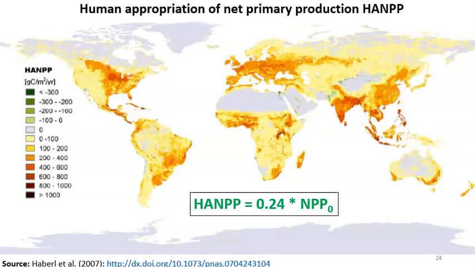And if we sum up this map across the globe, we see that the human appropriation of the world's photosynthesis products is about a quarter of the total productivity that the world would have without us present. So one out of four kilos of biomass that's produced with photosynthesis is channeled through our economy and not available to other species and the natural ecosystems.